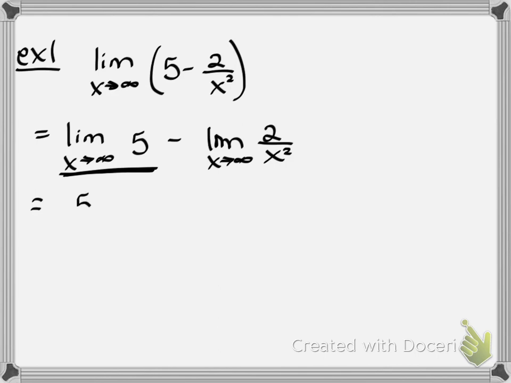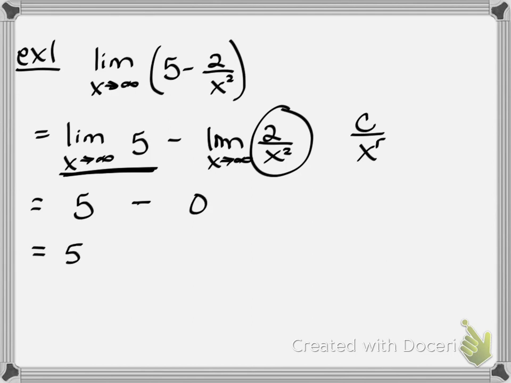The limit of a constant is just the constant. This next part is that c over x to the r. The limit as x approaches infinity of c over x to the r, a regular number 2 divided by infinity squared, is going to go to 0. And 5 minus 0 is 5. So the line y equals 5 is a horizontal asymptote for this graph.